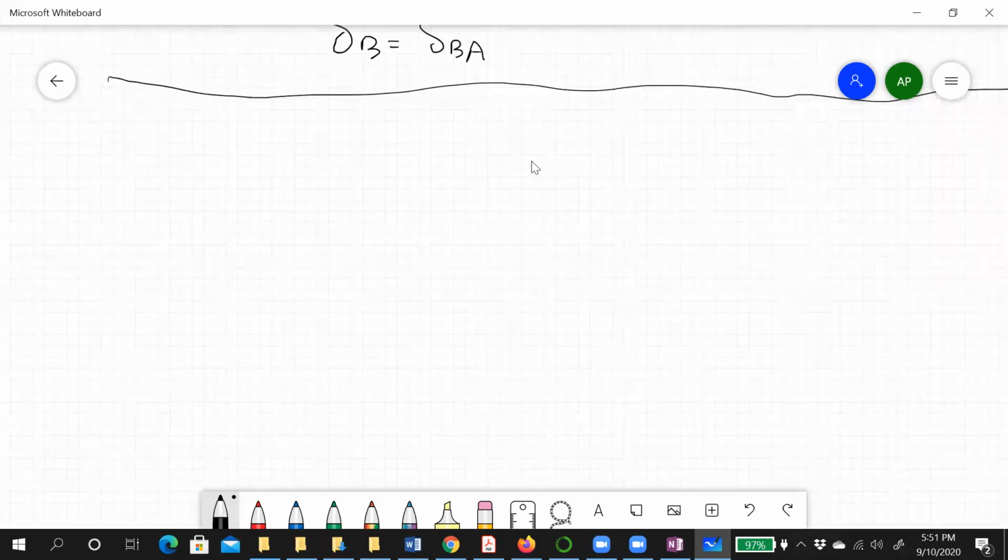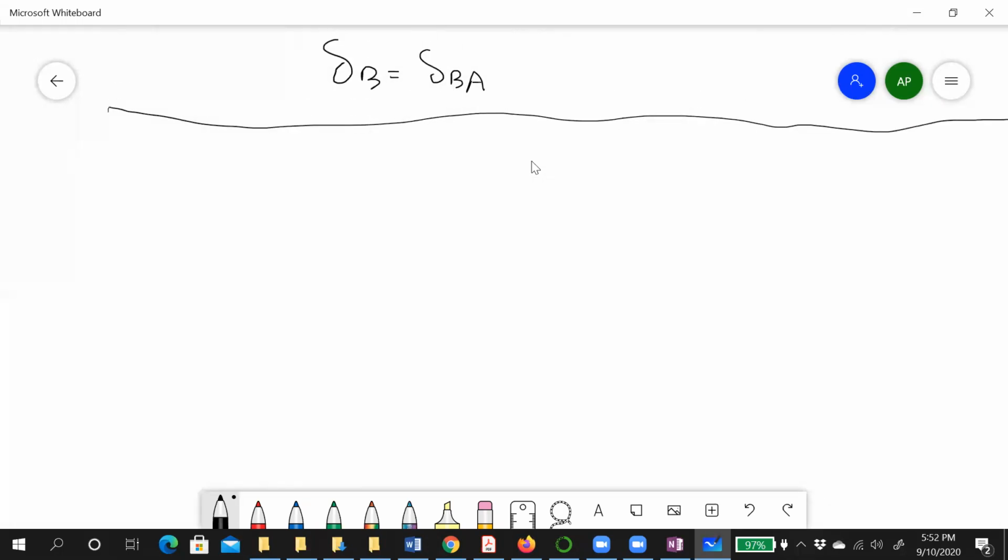So in the example, we have this bar. I'm going to solve this example step by step.